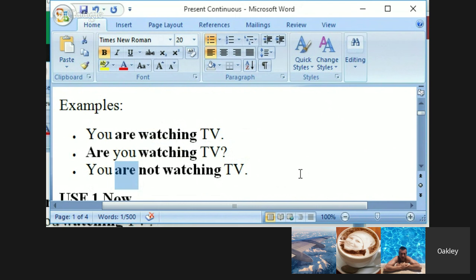Now, it is possible to form a contraction from you are, you're, which would look like this: You're not watching TV. That's perfectly normal to use that. It is also perfectly normal and acceptable to use a contraction of are and not. You aren't watching TV. Whatever you feel like is perfectly normal.